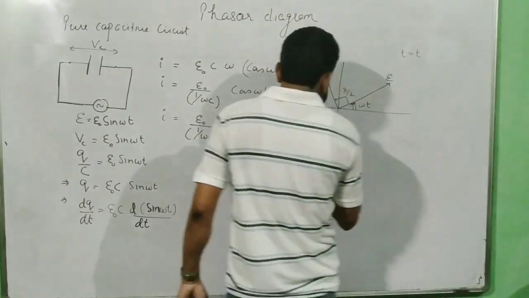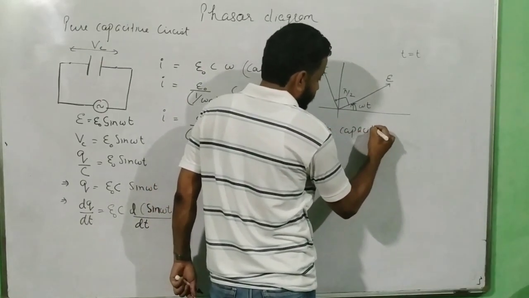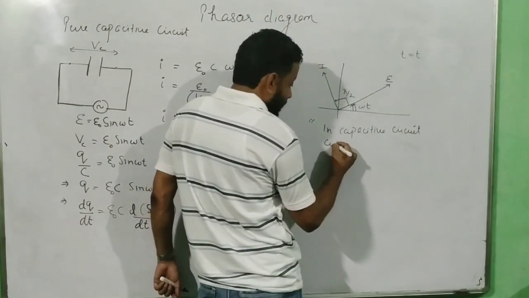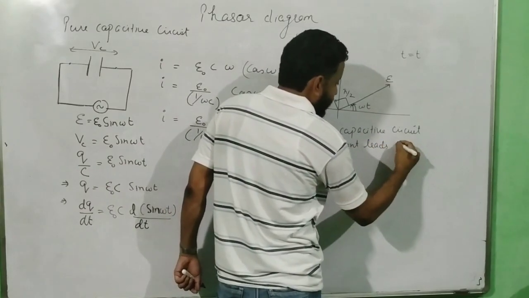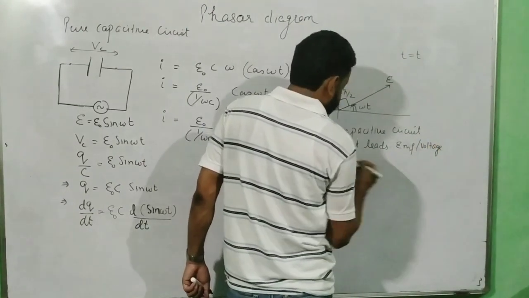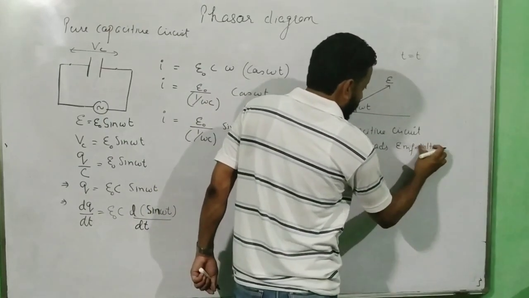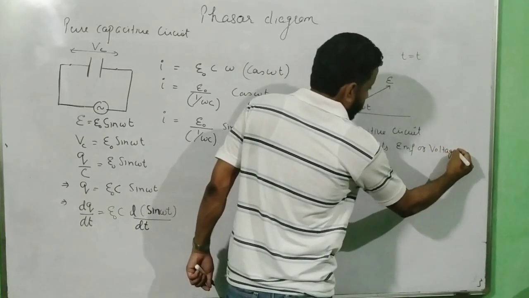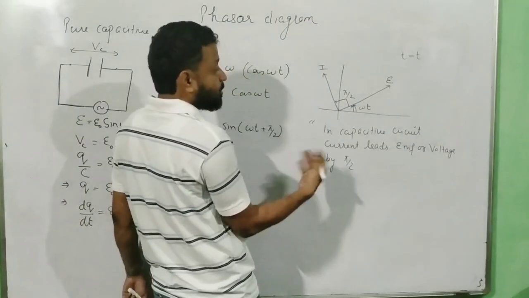And hence we come to a famous statement in a capacitive circuit. In a capacitive circuit, current leads EMF or voltage, you can use the word voltage, by pi by 2. Don't use a symbol, use 'or'.